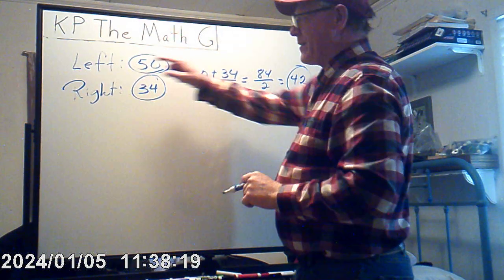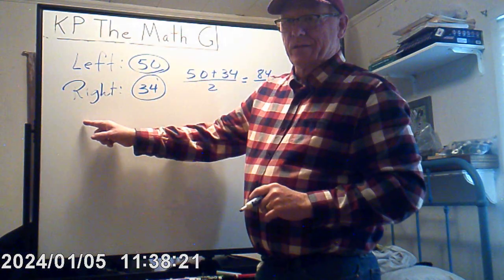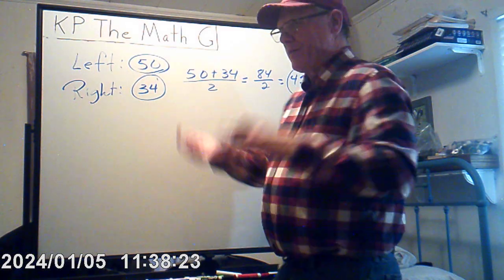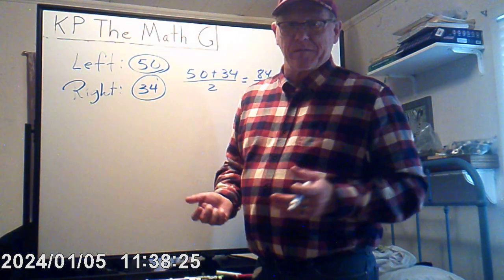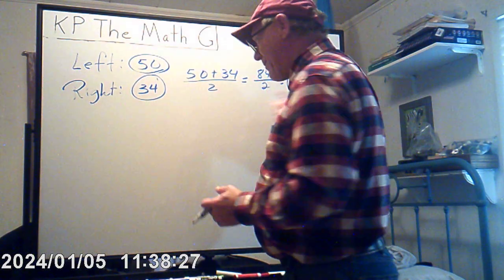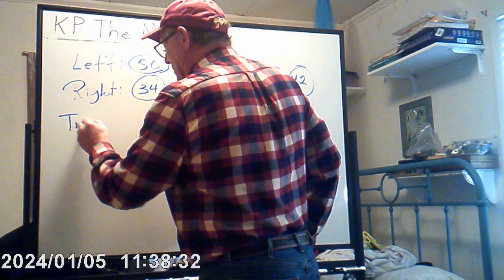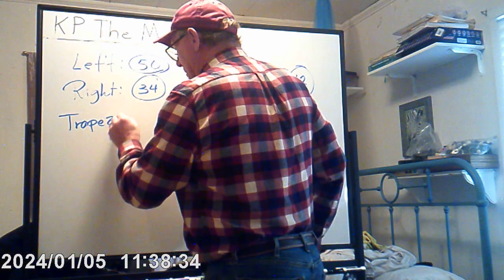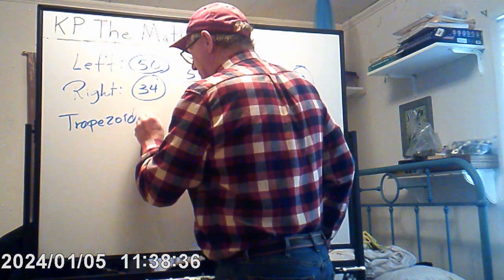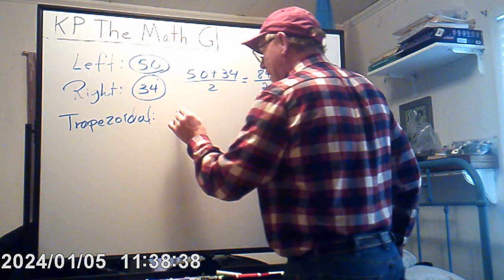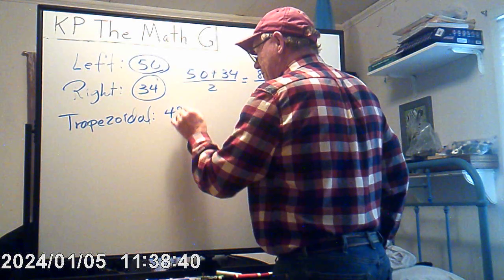If you do the left-hand rule and the right-hand rule and take an average, you've just done the trapezoidal. Every single time. With the trapezoidal rule, we got 42.